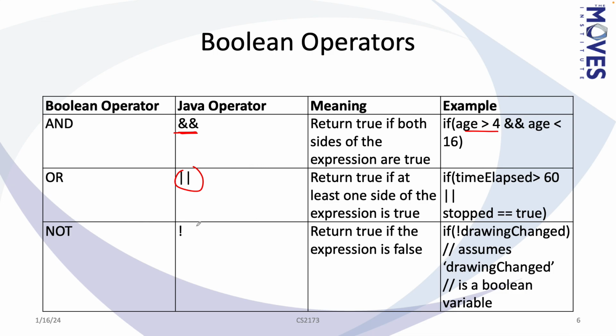And the NOT, as we've seen, is the exclamation point, or bang, as it's called. If I have an expression that's true and I put the exclamation point in front of it, it'll turn it to false. Likewise, for the OR, if I have two Boolean expressions and one of them is true, it's true. If they're both false, then it's false.